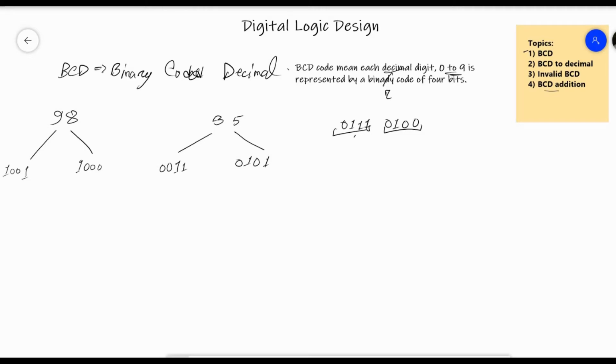If we convert 0111, we have 7, and if we convert 0100 to decimal, we get 4. So in this way we can convert decimal to BCD, and we can also go the other way around, BCD to decimal.